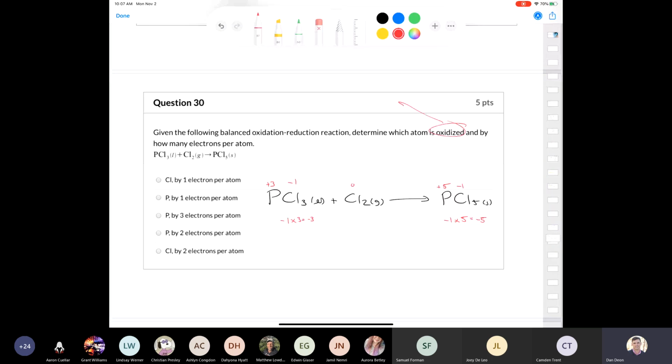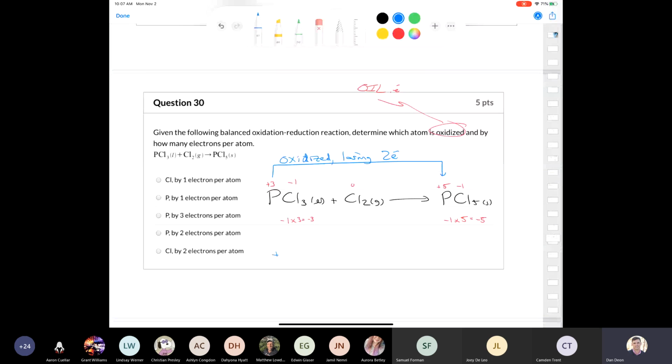What's oxidation? OIL. Oxidation is losing. And what are you losing? You're losing electrons. Well, if the phosphorus is going from +3 to +5, that means it's losing 2 electrons. So phosphorus is being oxidized, and it's losing 2 electrons, right?